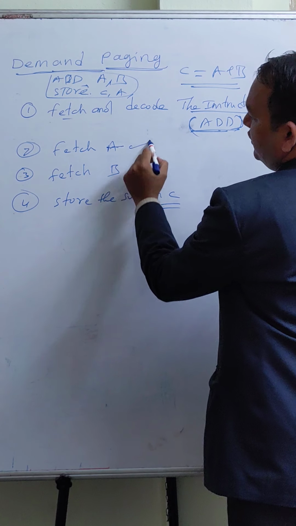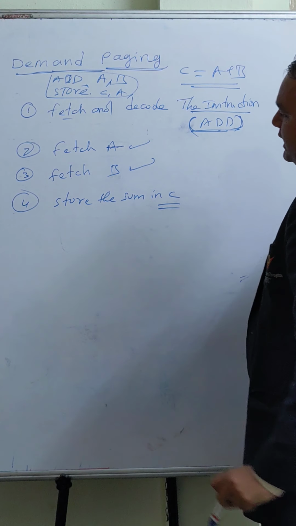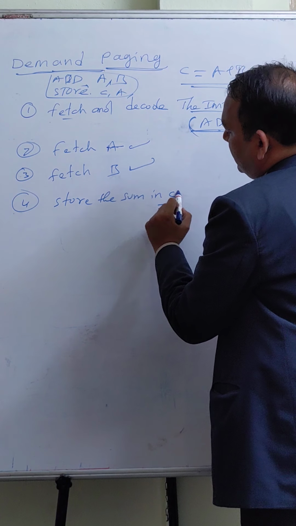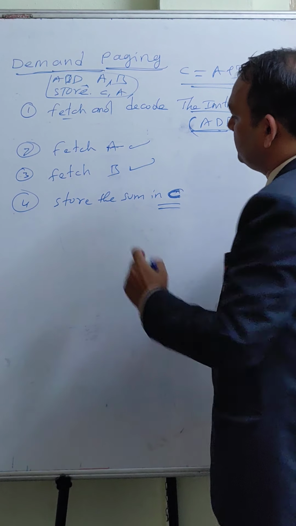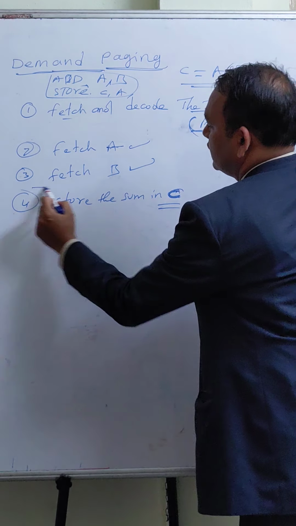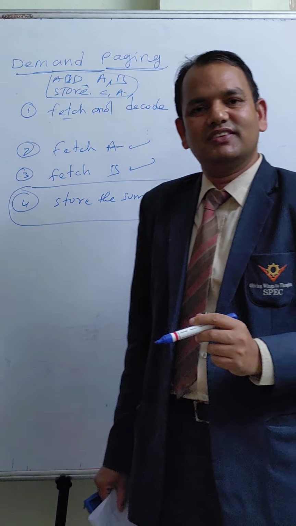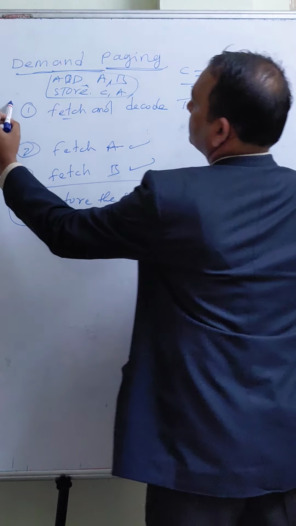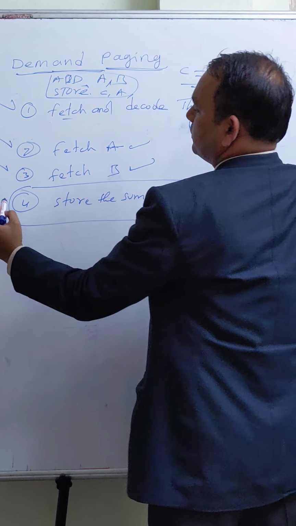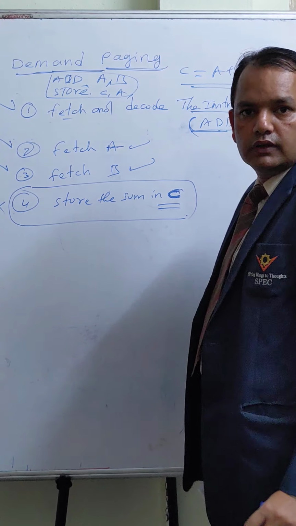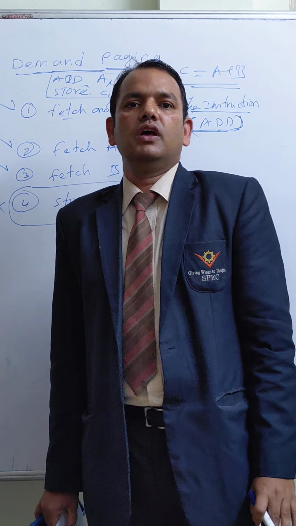Operand A is fetched from the memory, operand B is fetched from the memory, and while storing in C, a page fault occurred, meaning this page is not available for the particular process. This page is there, this page is there, this page is there, 3 pages are there, the 4th page is not there. So execution halts, my dear friends.